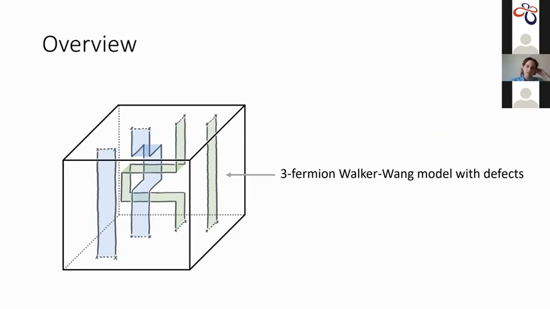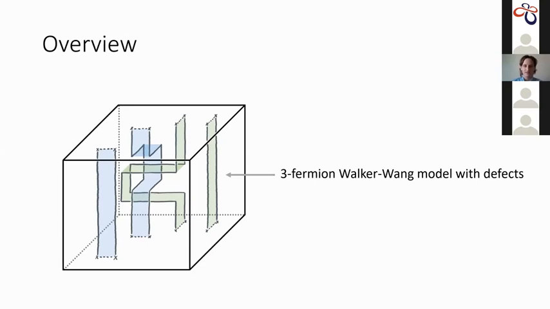So in case I don't get to the end of my talk, I wanted to say the point now. The point is basically we're thinking about using this 3 fermion Walker-Wang model, which is a certain stabilizer model in 3D. That's different to the usual model used for the cluster state used for topological measurement-based quantum computation.